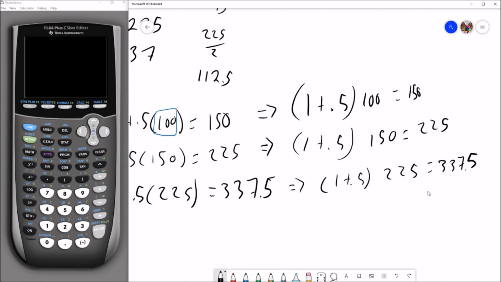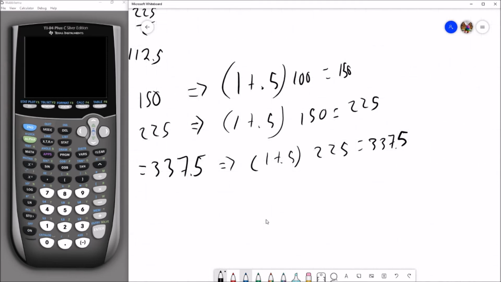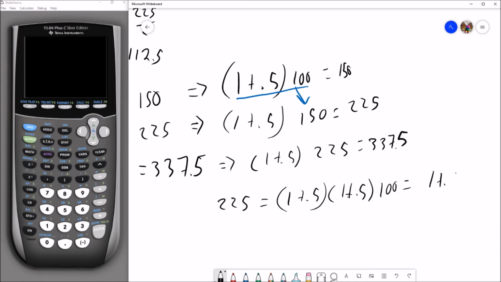Alright. So now we can play with this pattern here. So we said that 150 is equal to all of this. So what if we put it in right here? Well then 225 is going to equal 1 plus 0.5 times 1 plus 0.5 times 100. Or just 1 plus 0.5 squared times 100.